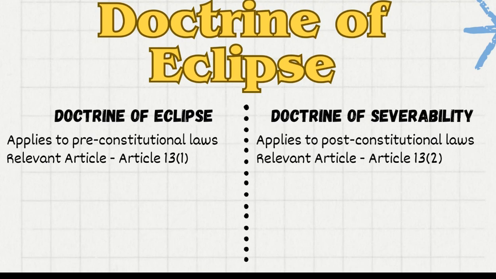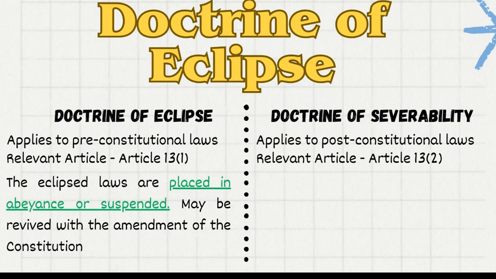First and foremost, the doctrine of eclipse only applies to pre-constitutional laws, and on the other hand, the doctrine of severability applies to post-constitutional laws. In the case of the doctrine of eclipse, the relevant article is Article 13, Subclause 1, and in the case of the doctrine of severability, the relevant article is Article 13, Subclause 2.